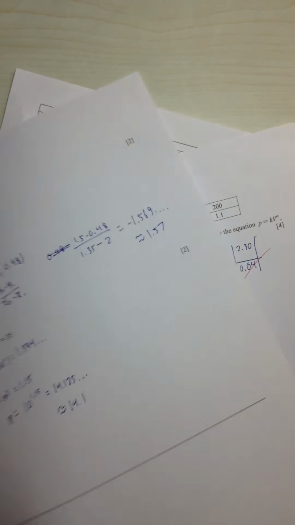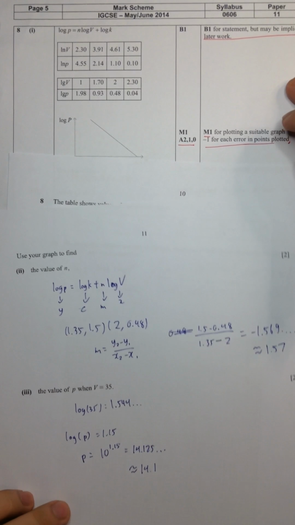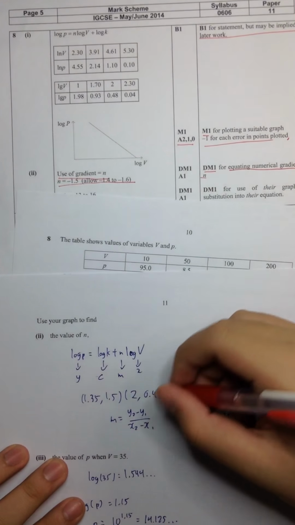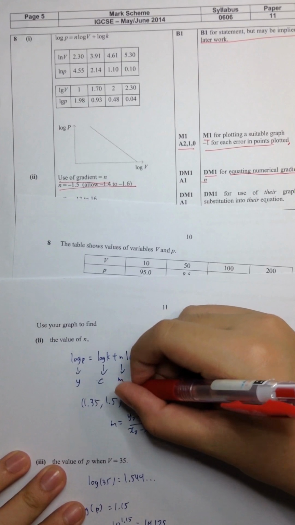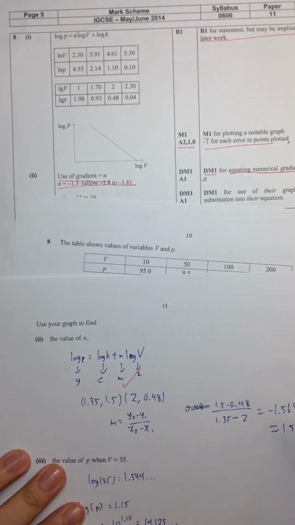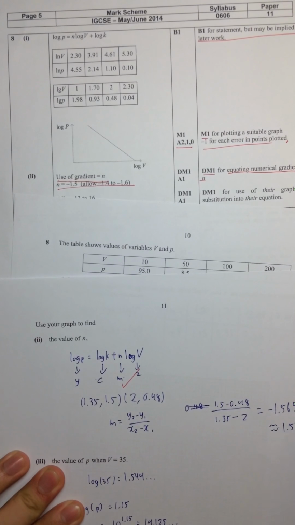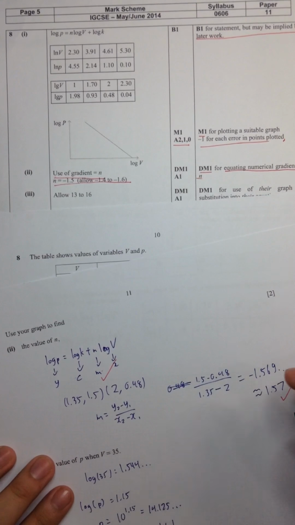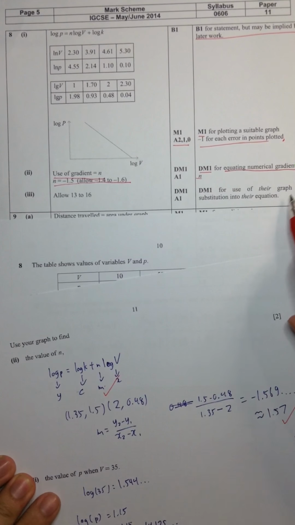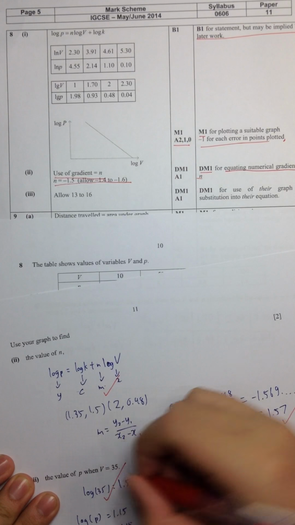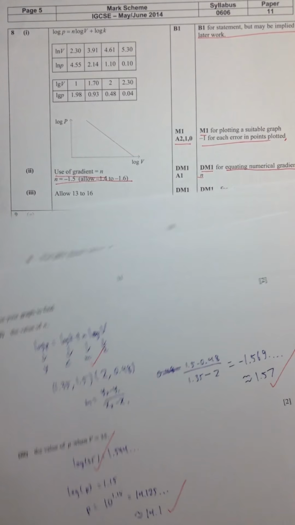And for part 2, we will get a mark for equating the numerical gradient to n, and then find the answer. And also for part 3, we will get a mark for the use of the substitution and the final answer from the graph.